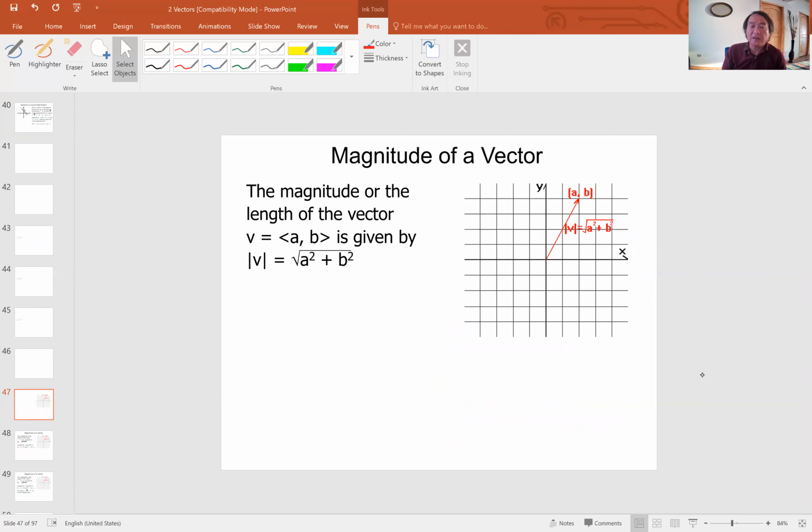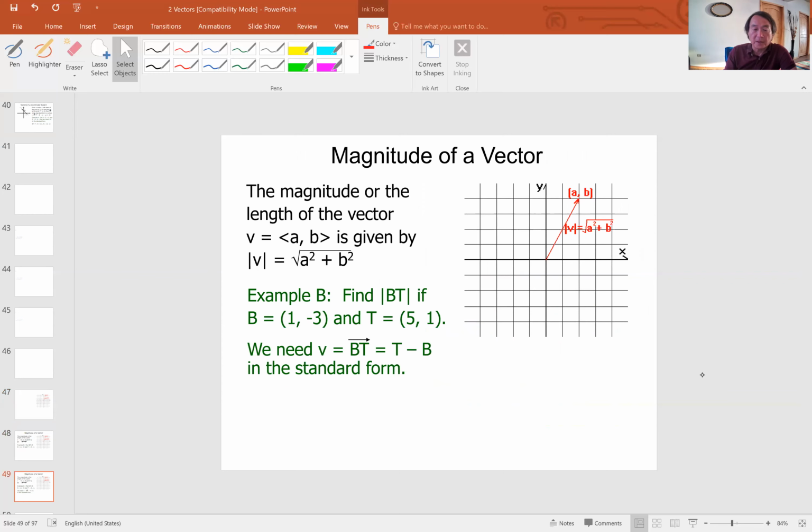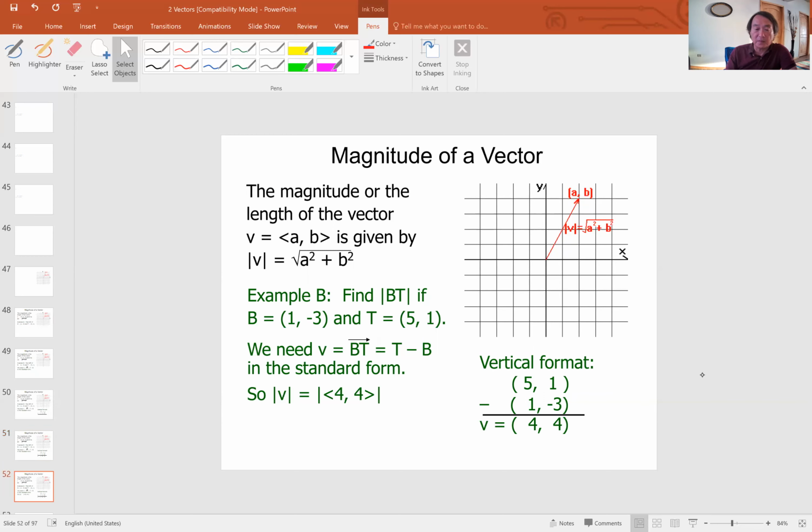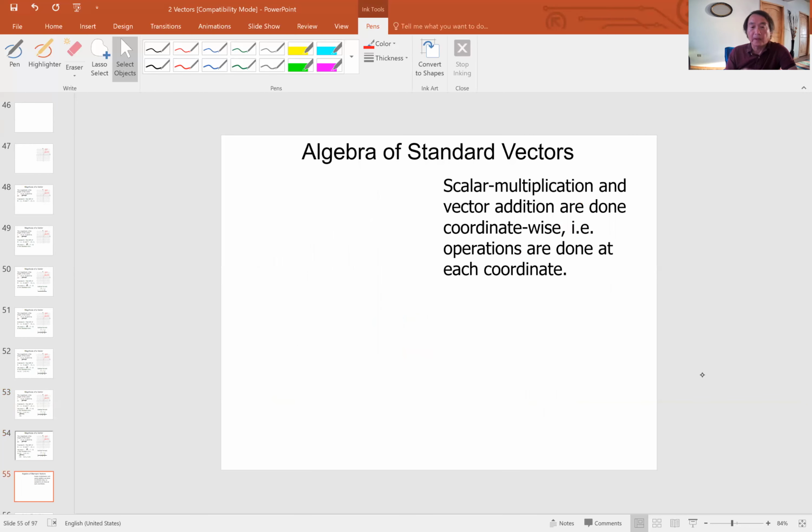The length, the magnitude of a vector in standard position, is very easy to calculate. That's just the distance from the origin to the point (a, b). So it's given by the length formula. Here we calculate the standard position, and then we calculate the length, which is given by that.